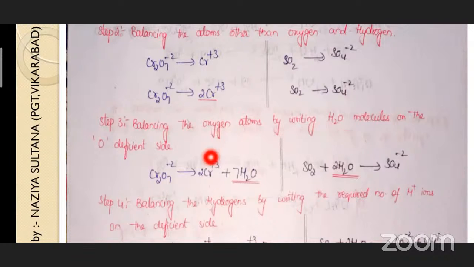To balance oxygens, we have to write water molecules. So see here. On the reactant side, we are having 7 oxygens. On the product side, we do not have any oxygens. So what I am doing is, I am writing 7H2O. This is the change here from this equation to this one. To balance the oxygens, I have written 7 water molecules.